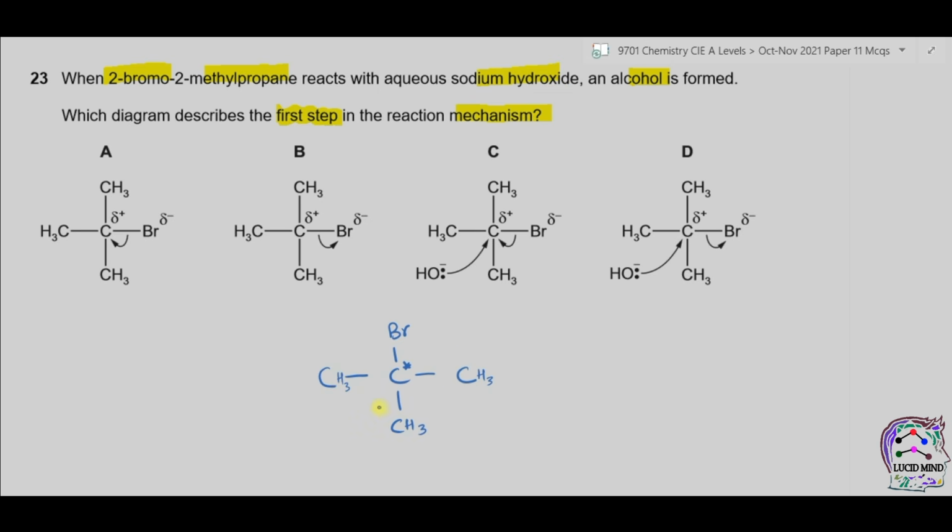And in tertiary halogen alkanes, in the first step heterolytic fission takes place. This is the slow step. In heterolytic fission, the carbon-halogen bond will be broken and carbon will become positive and bromine will become negative.